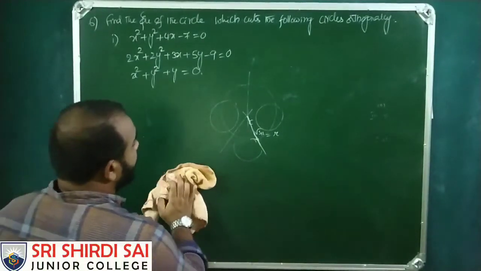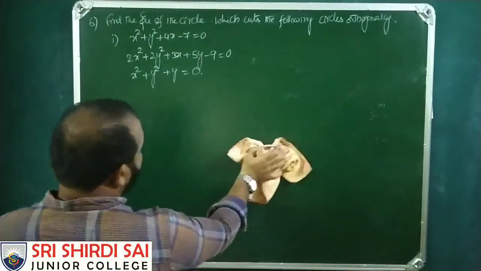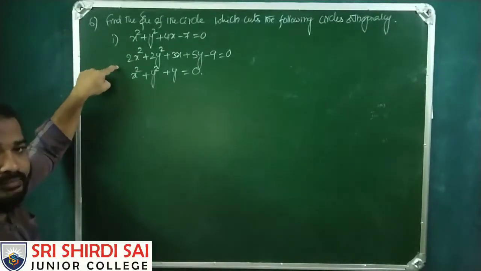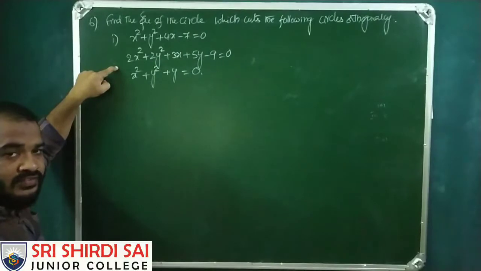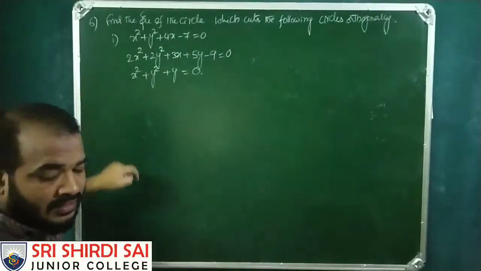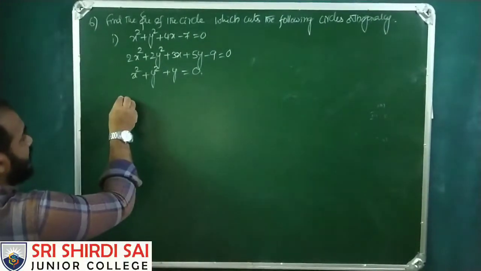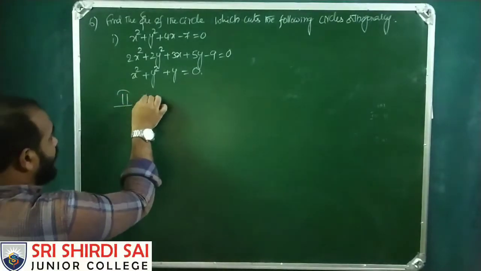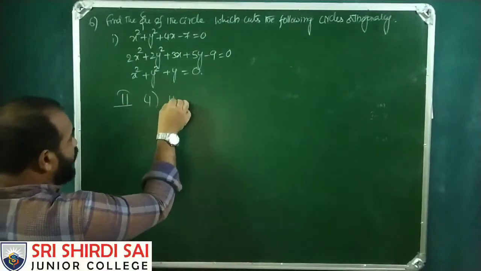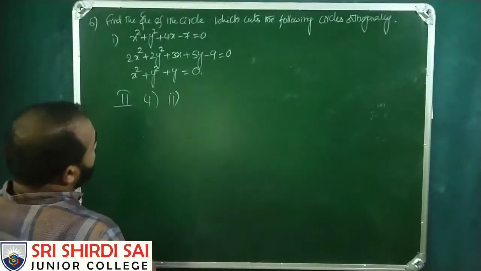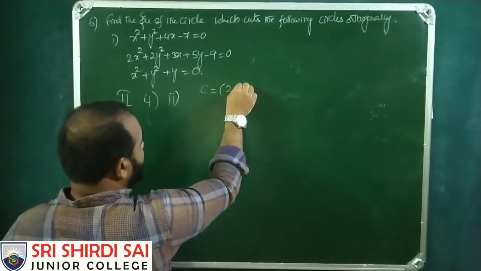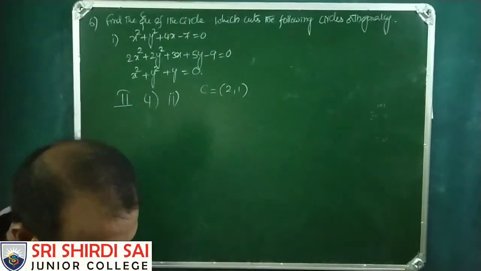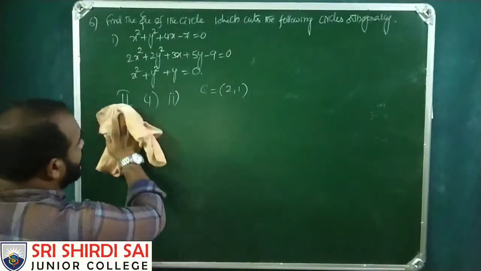One more thing, the same kind of problem we have discussed before in the 4th problem, 2nd Roman, 2nd question. There the radical center C equals 2 comma 1 we have got, so you may check it out also.